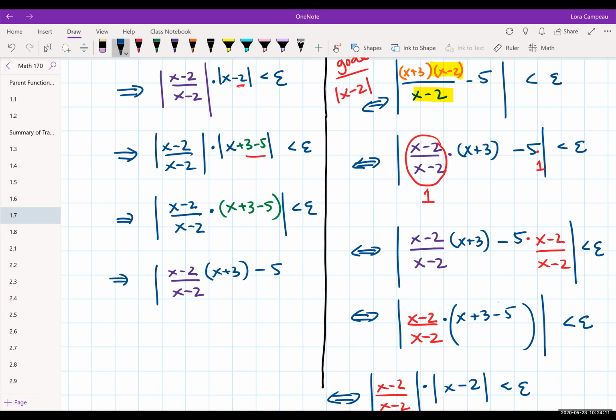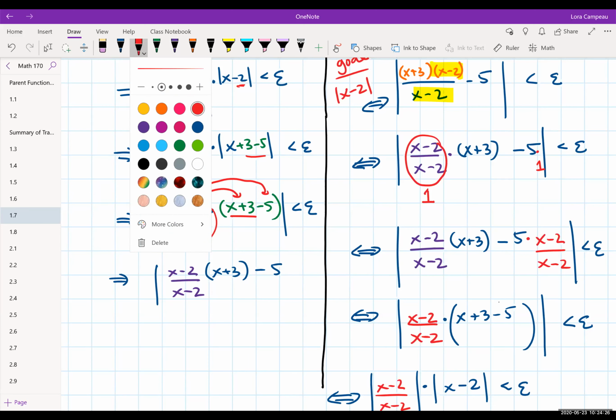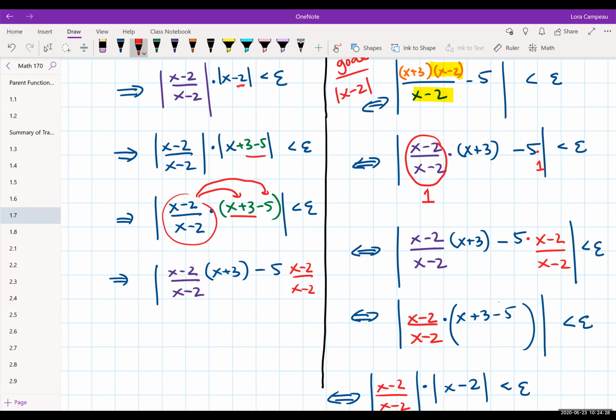So if you would like, you're distributing the x minus 2 to the first part, in a sense, and an x minus 2 over x minus 2 to the second part, just showing exactly what we saw in our past. I'm running out of room. Move that line over because I'm still emphasizing that I have to be less than epsilon. Here we go, less than epsilon.